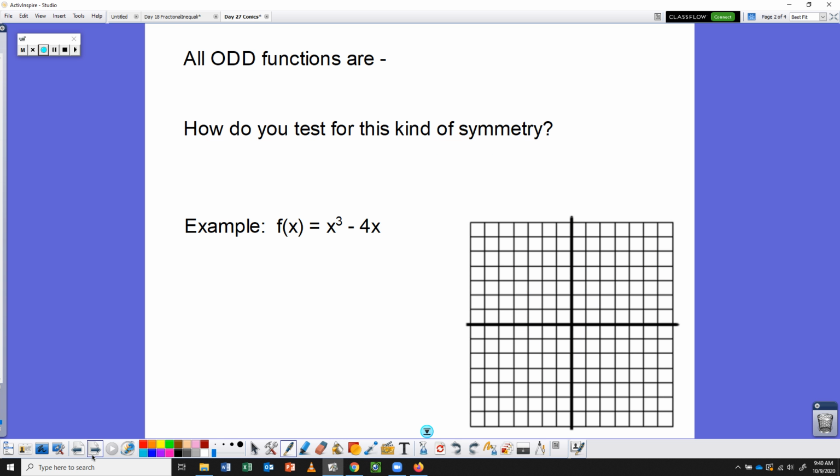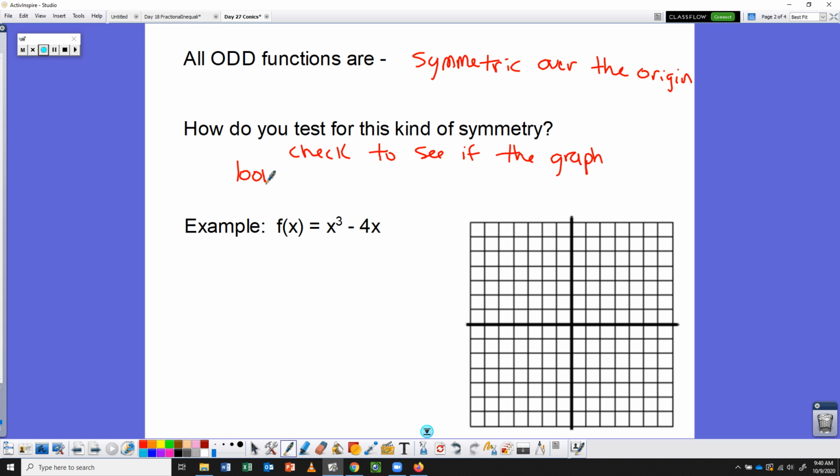So odd functions, all odd functions are symmetric over the origin. So symmetry over the origin is also called point symmetry. And the way to test for that is you want to check to see if the graph looks the same upside down as it does right side up.